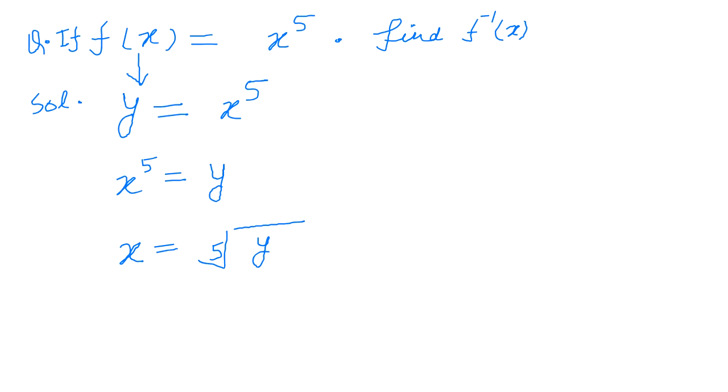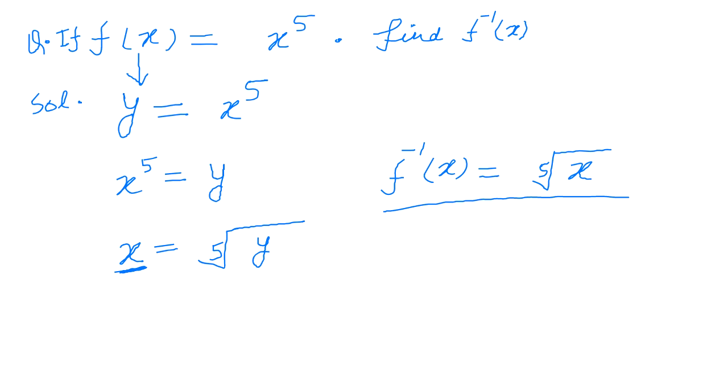Is okay? So this x is the fifth root of y. So x means f inverse x, and finally this y changes to x, and this is the inverse. Okay. Now see another question. Clear? See one more question here.